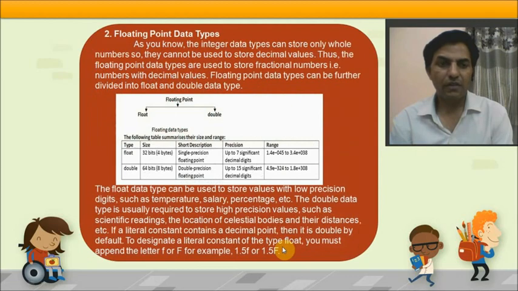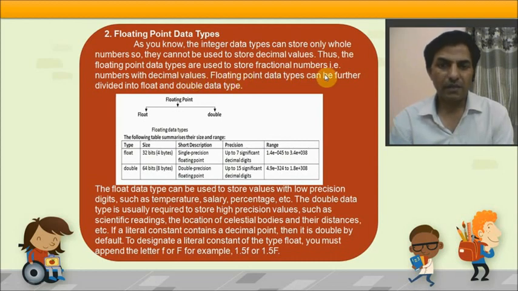Now, the next one is floating point data types. As you know, the integer data types can store only whole numbers, so they cannot be used to store decimal values. Thus, floating point data types are used to store fractional numbers, that is, numbers with a decimal value.